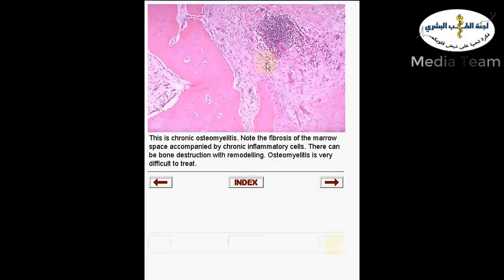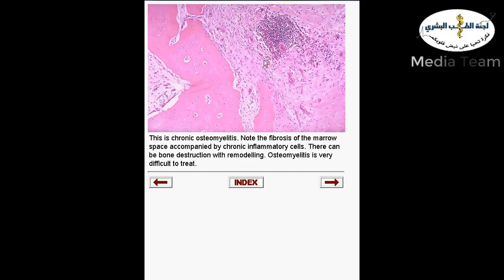Under the microscope, how do we see chronic infection? Chronic infection in the bone is like any chronic infection in any other tissue. We have chronic inflammatory cells, like you see here: a group of T cells, B cells, lymphocytes, and sometimes some macrophages. In addition, over a long duration we have the formation of fibrous tissue, and we don't see fibrous tissue in an acute inflammatory process.